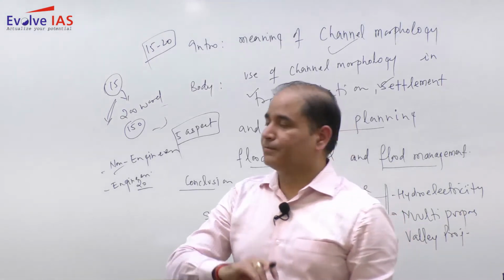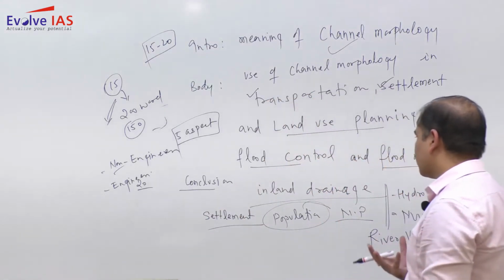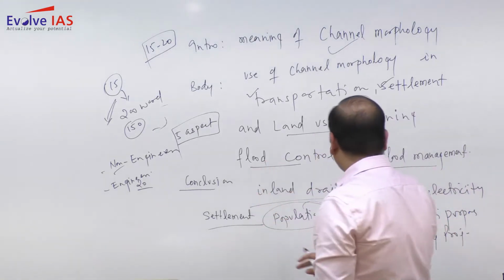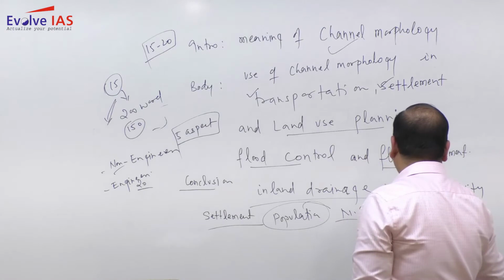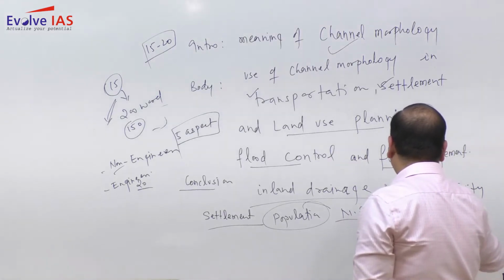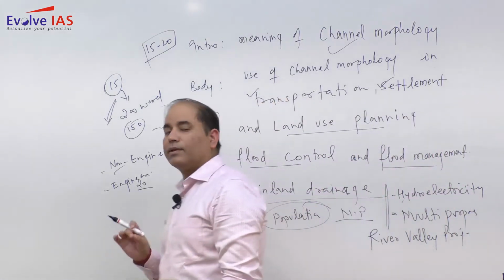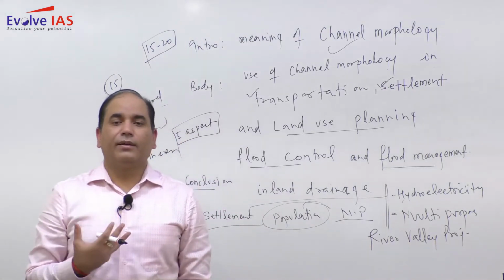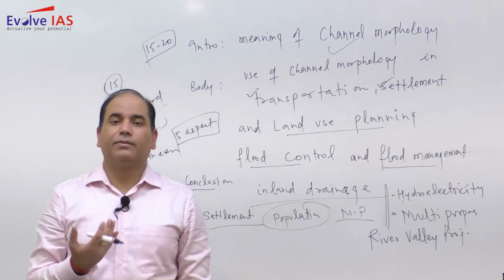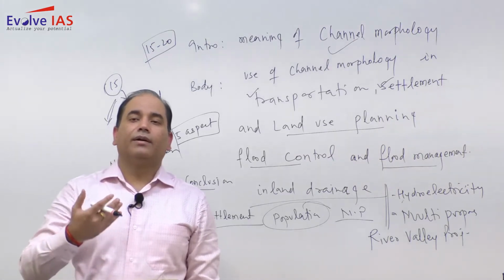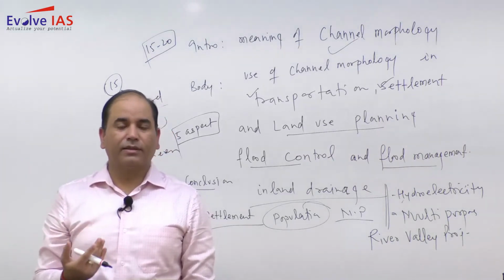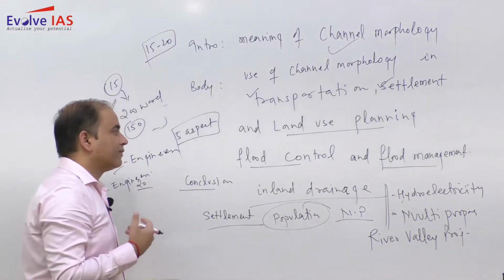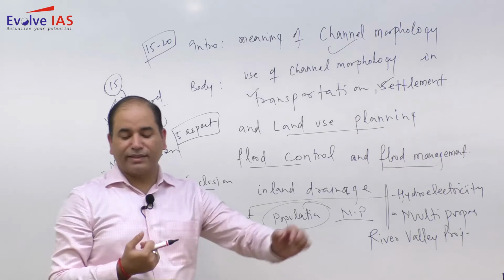These are some of the important tools we have. But as far as engineering technique is concerned, one very important engineering technique is the multi-purpose river valley project. Multi-purpose river valley projects are not only helping in the free accessibility of water, but are also very much helping in flood management and flood control. So all these things can be written.